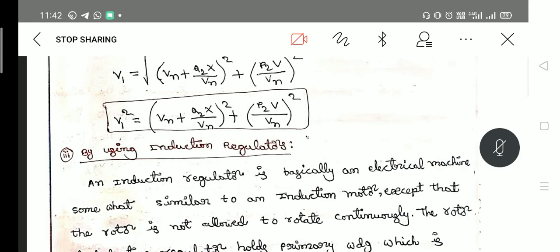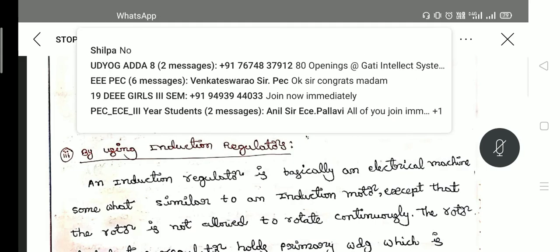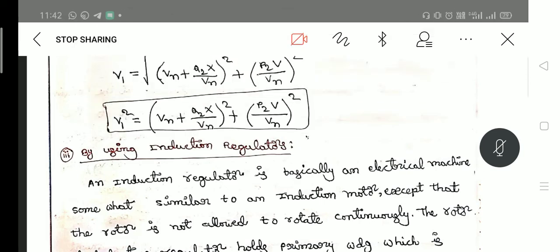We can maintain a constant secondary voltage connected in series with the line. By adjusting the primary winding, we can regulate the secondary winding and the secondary voltage.